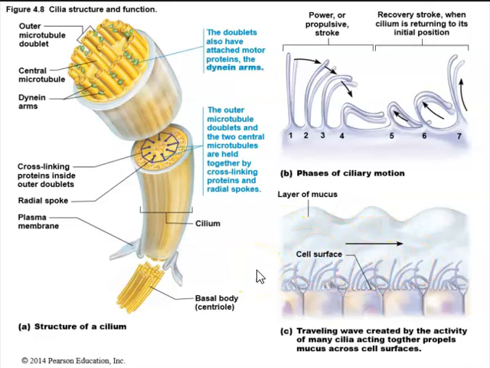So I know a lot of people get confused between microvilli and cilia. The main difference between microvilli and cilia is basically function. Microvilli increase surface area for absorption of nutrients or transport of ions, and can also help with filtration.